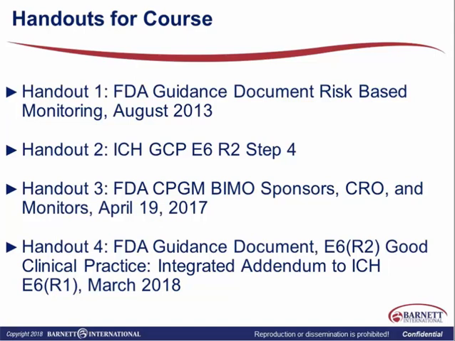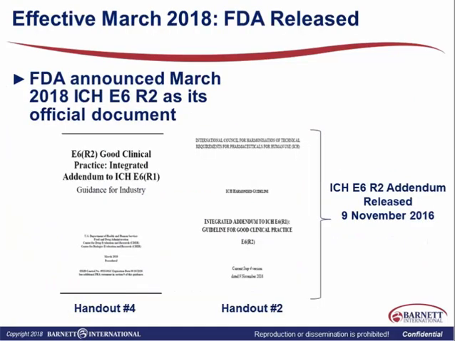I'll do a quick check with your site to see if you actually were aware that the FDA guidance document came out for the approval of the E6R2 Addendum. If so, give me a green check if you're aware of that. I know that your team is familiar with the ICH R2 Addendum, but I was curious if you knew that this had been released on March 1st.